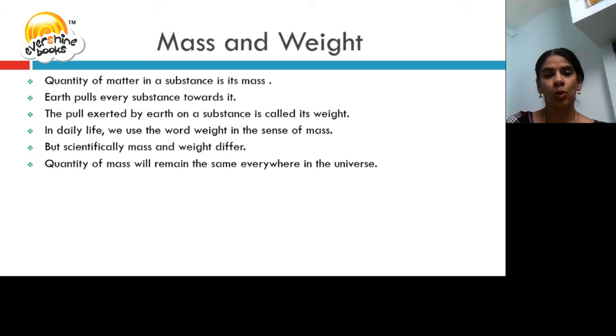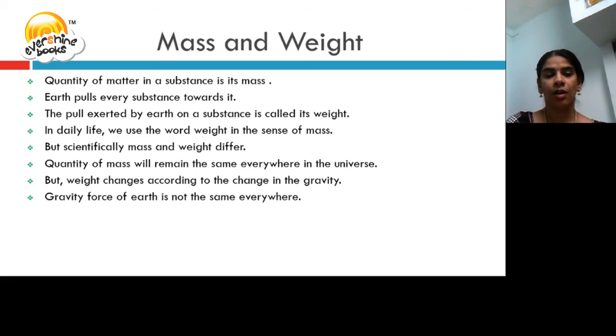Quantity of mass will remain the same everywhere in the universe. But the weight changes according to the change in the gravity. Gravitational force of Earth is not the same everywhere.